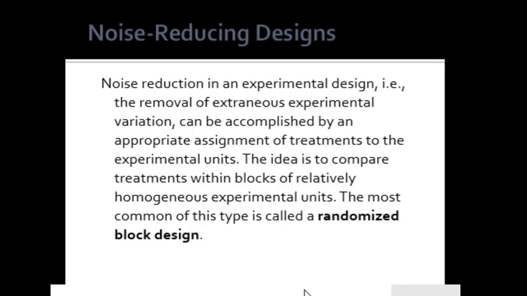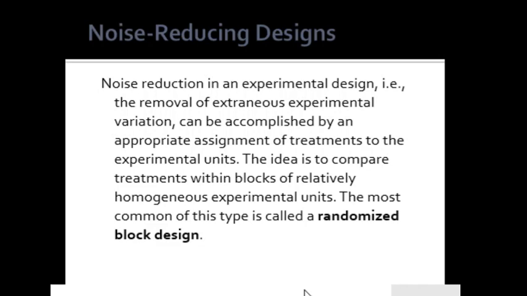Step 2 is choosing the treatments, so basically the factor level combinations that we want to include in the experiment. Step 3 is to determine the number of observations that we want in each treatment group. So basically we decide what sample size we want. Step 4 is to plan how the treatments will be assigned to the experimental units. And this is the part where we will use various techniques on how to design this.